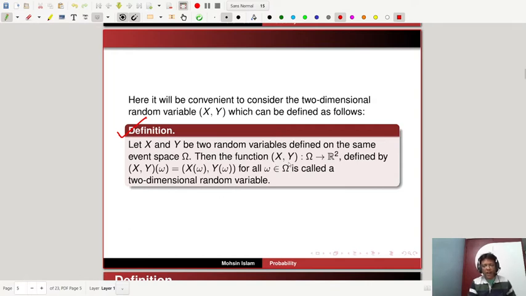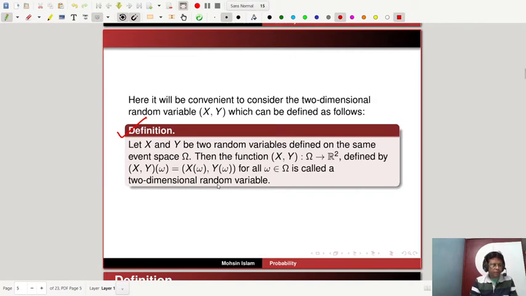Then the function (x, y) from Omega to R2, the two-dimensional space, defined by (x, y)(omega) = (x(omega), y(omega)) for all omega, the outcomes of the event space, is called a two-dimensional random variable. We explained this with an example, and this is the formal definition of the two-dimensional random variable.